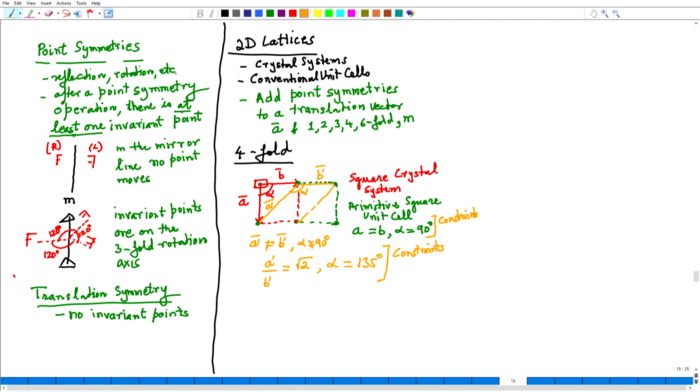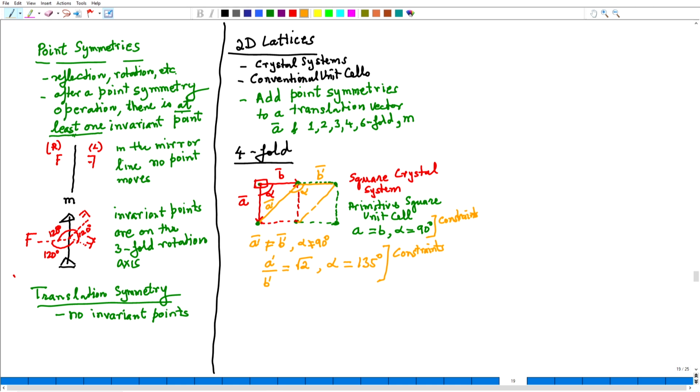And hence, we should not directly judge what crystal system something should belong to depending on whether the parameters are equal or not, or whether they are equal to 90 degrees or not. That is incorrect, as I had indicated earlier as well. So, this makes it clear. This is my first unit cell that I have developed based on a fourfold rotational symmetry. It's a square crystal system and the primitive square unit cell.